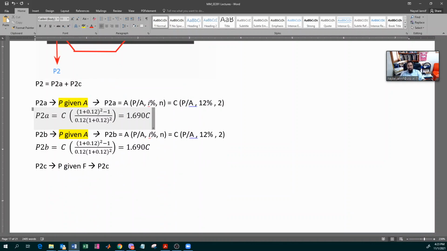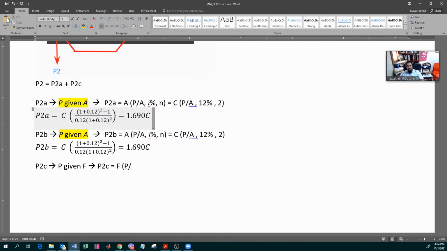Okay. P2C will equal to, what will P2C equal to? We are trying to discount our P2B. So we will have our F into, we want to find our P given F, right? Can somebody correct me? Are we going to use P given F, or what are we going to use over here, guys? P given F, right?